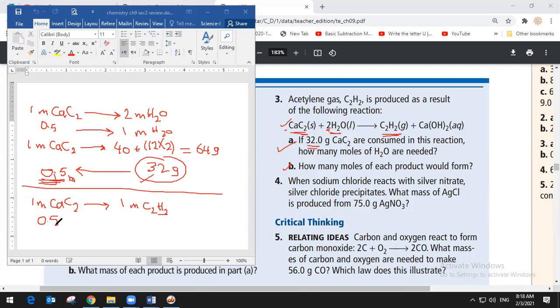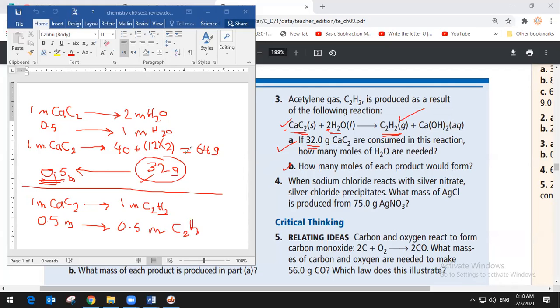So 0.5 mole of CaC2 represents how many moles of C2H2? Cross multiplication, 0.5 multiplied by 1 divided by 1. Yes, Kiara? 0.5. Yes, 0.5 mole. So we're going to have 0.5 mole of C2H2.